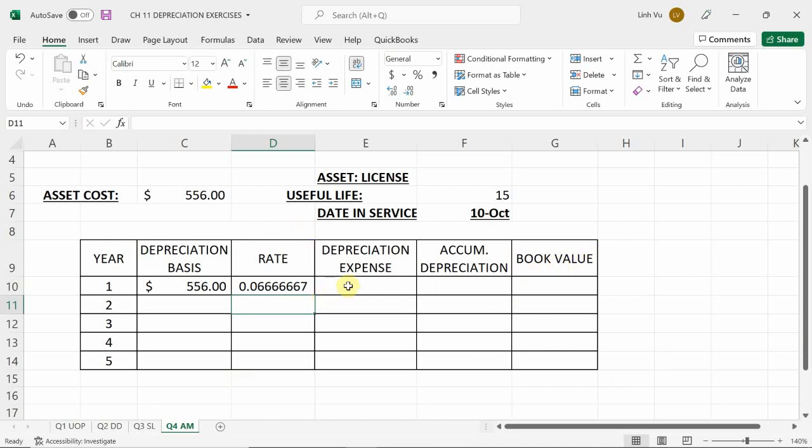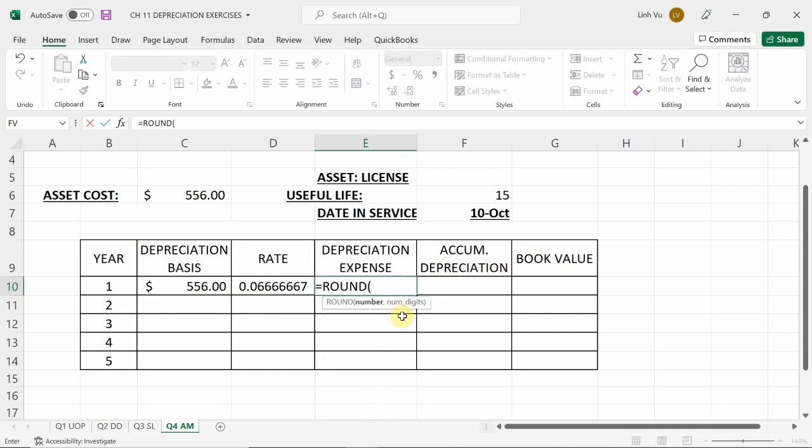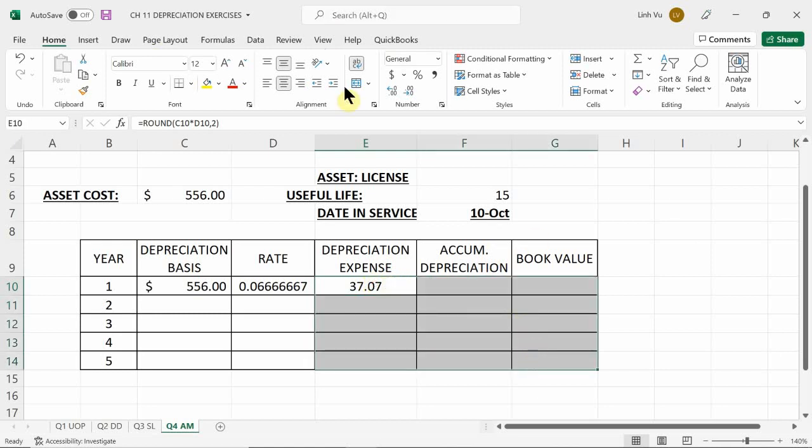So what should be my depreciation expense for the first year? 37.07. You say it's 37.07, but that's for one whole year. How old is this license? 3 months. It's only 3 months.